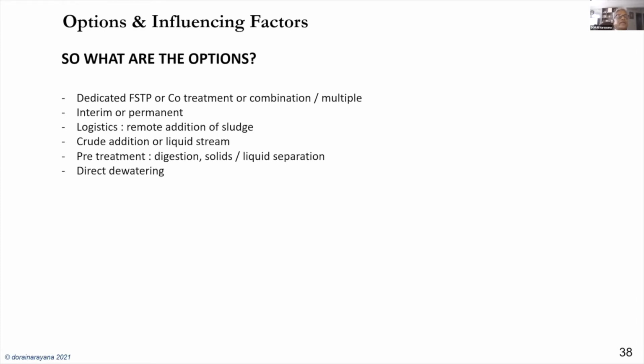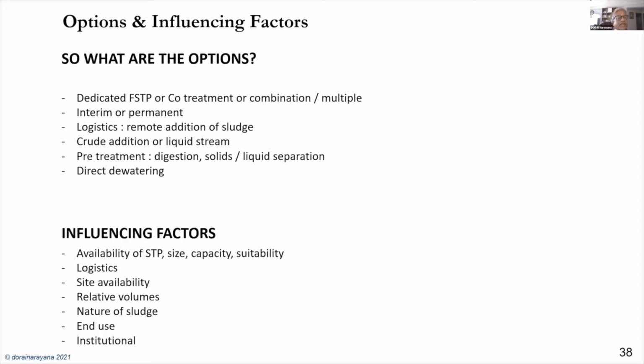Whether you want to do a solid liquid separation, whether you need to do a digestion to stabilize fresh sludges and so on. And the influencing factors are these: availability of the plant, the size, capacity, and so on, logistics, site availability. What are the relative volumes of fecal sludge as against sewage? The nature of the sludge, whether you are going to be reusing the end products of your sewage treatment plant. Why?